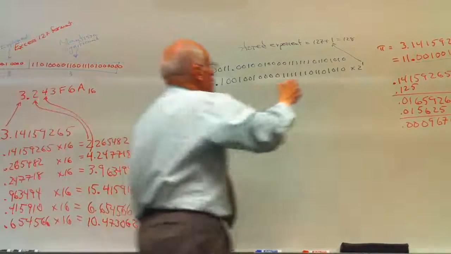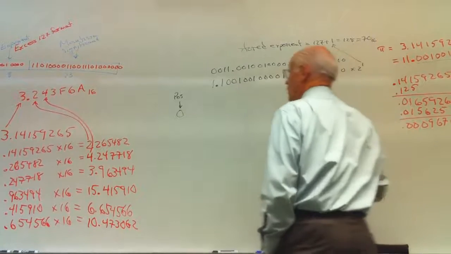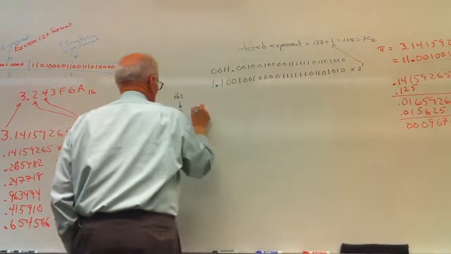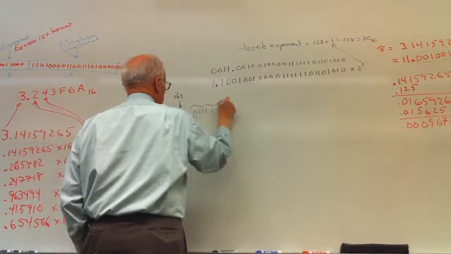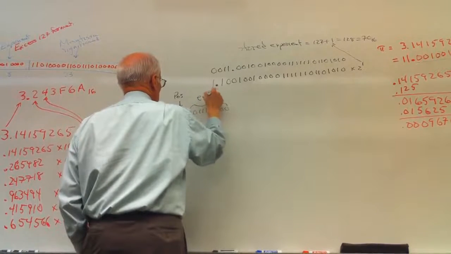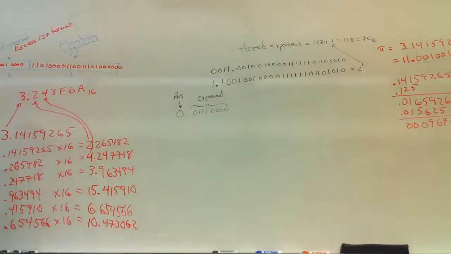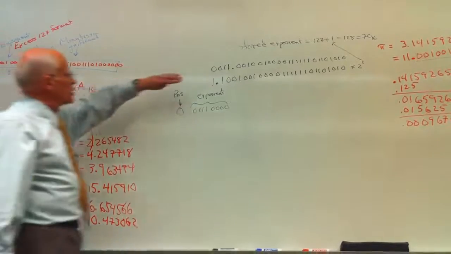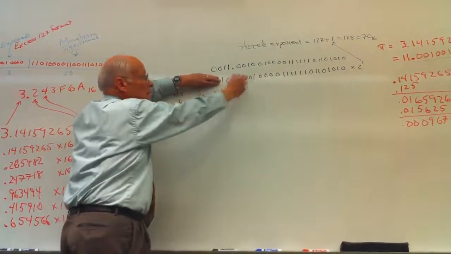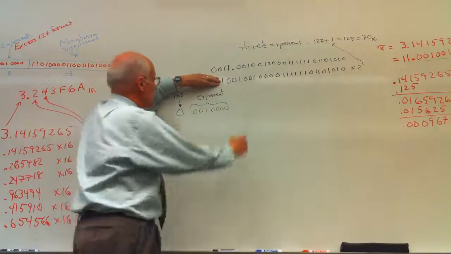Okay, 128 is 70 in hex. So I have 70. There's my exponent. Now I store the mantissa part, so I just begin here and just count bits as I put them in until I get to 23 bits.